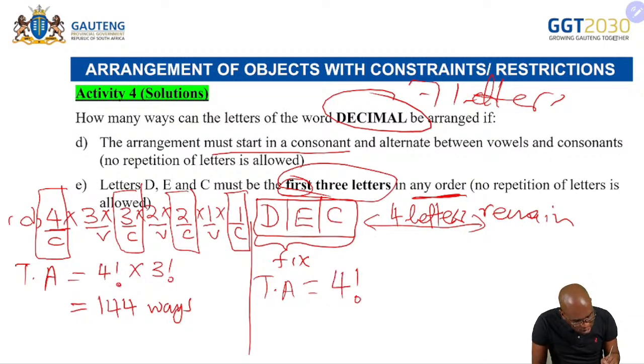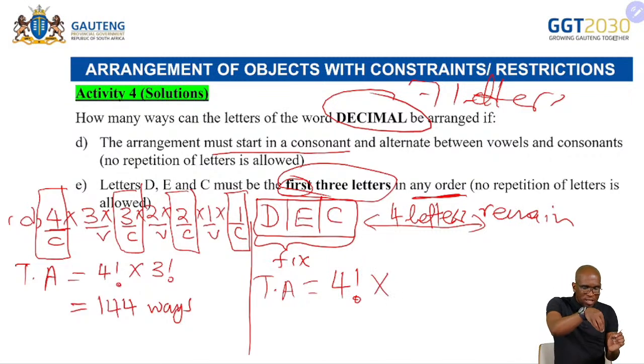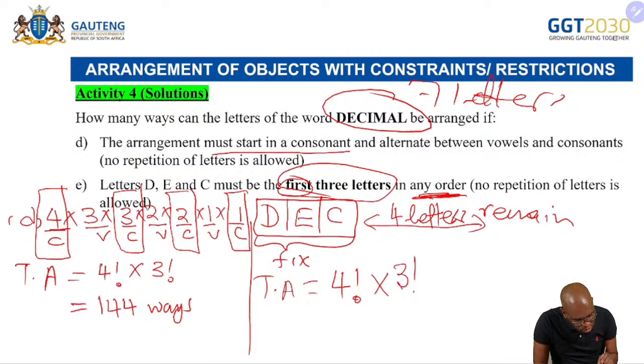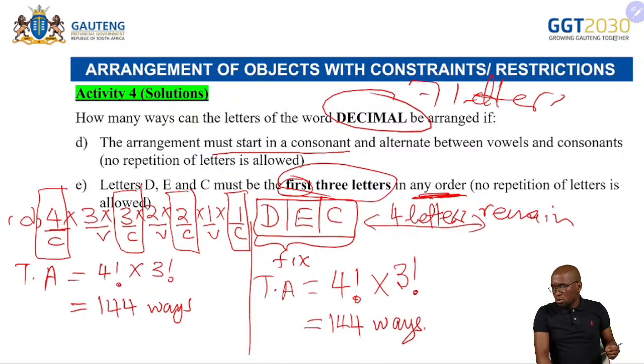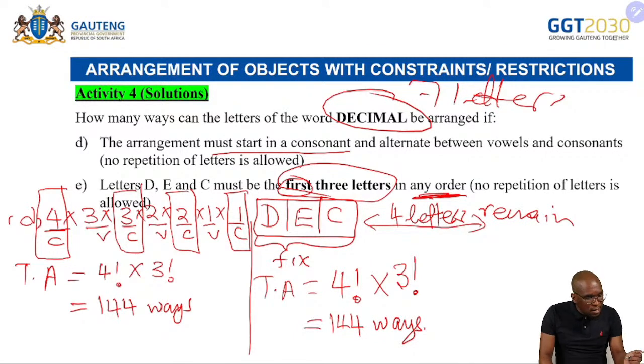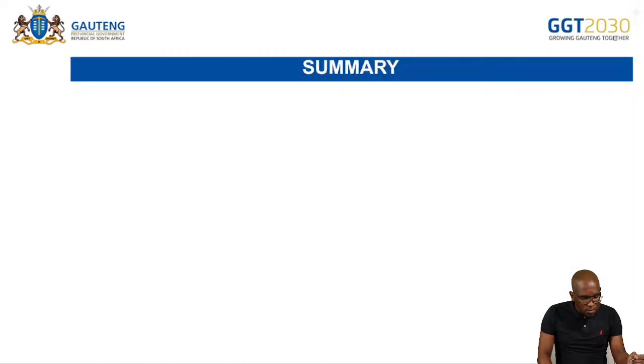I can do that in 4 factorial ways, multiplied by, within the arrangement D, E, and C, I can interchange them. They can interchange positions because they said in any order. They can interchange positions in 3 factorial ways. That is also 144 ways. That is basically how you work with D and E.